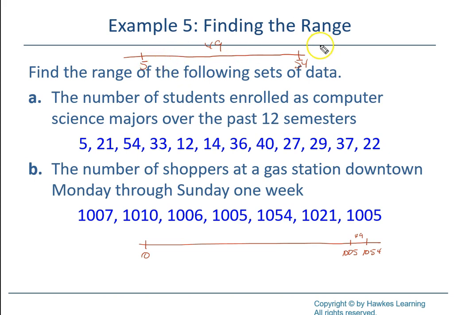So here we see, with the data that we're looking at, this range is quite large for the values that you're dealing with. While in a sense of numbers, this range is rather small, but it's still the same range.